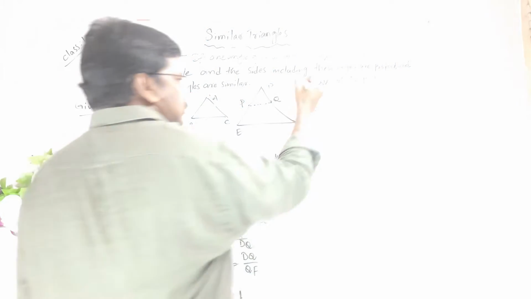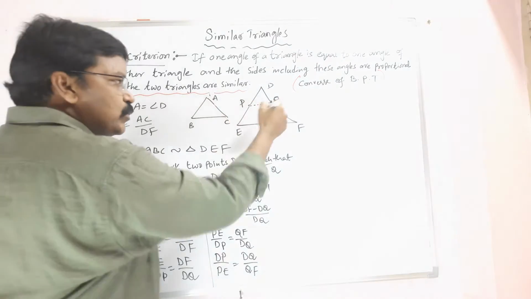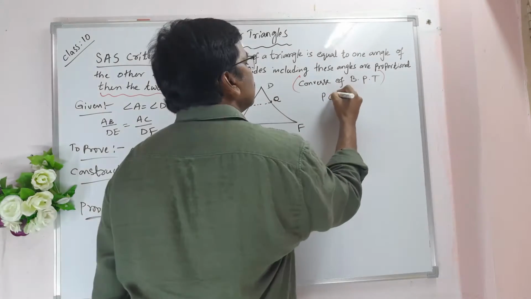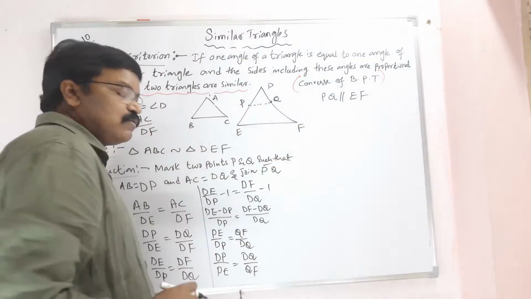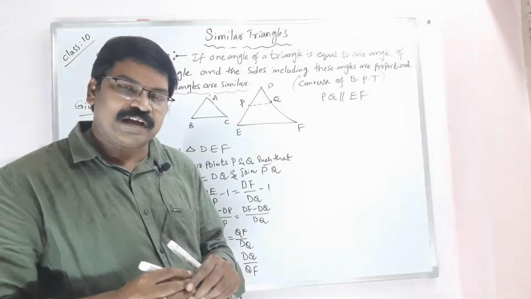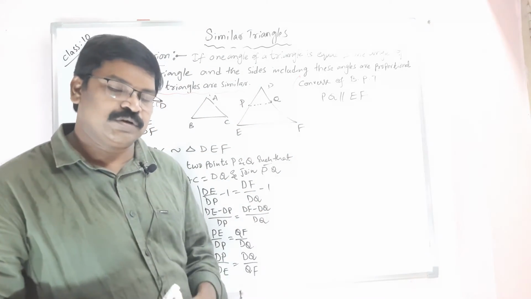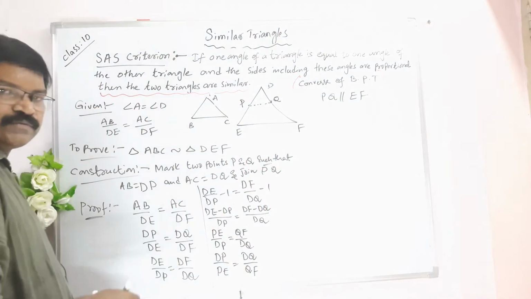According to this theorem, my dear students, how do you write that? PQ is parallel to EF. Why? What does the converse of the basic proportionality theorem say? If a line divides the other two sides in the same ratio, then the line is parallel to the third side. That means PQ is parallel to EF.